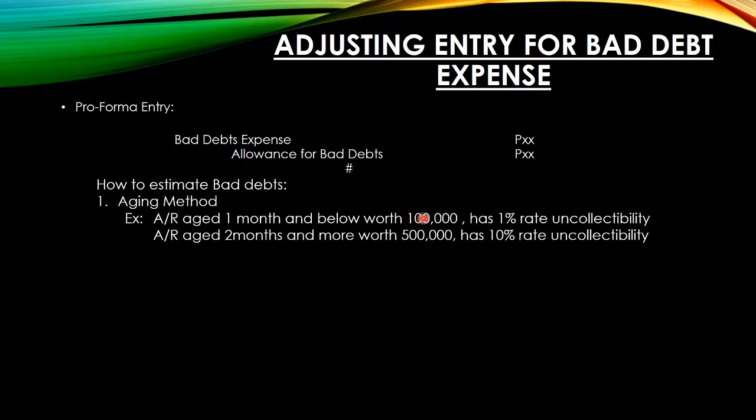The amount of accounts receivable of a particular age group, then multiplied by the percent rate of uncollectibility. Again, ang percent sa iyang uncollectibility, meaning pila ka percent siya nga dili siya makolek. Okay? Sometimes the given would give you the percent of collectibility.